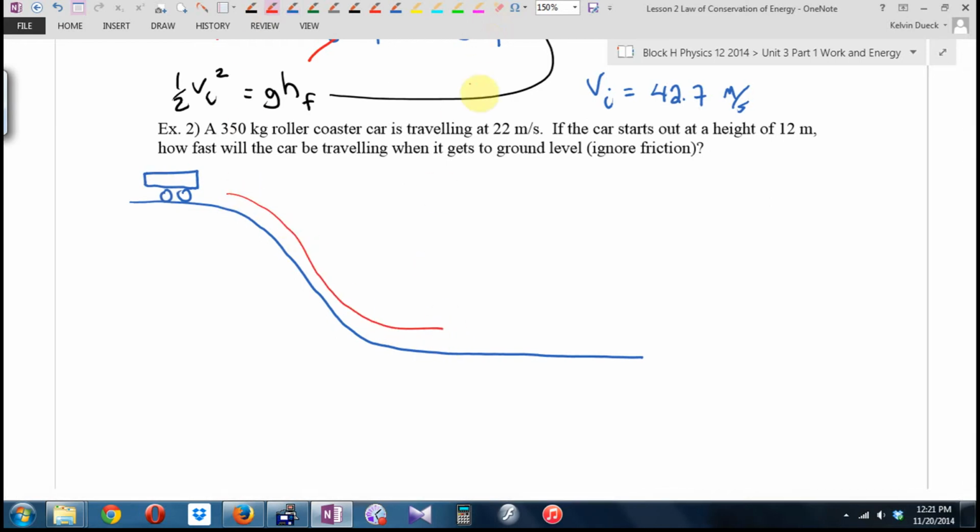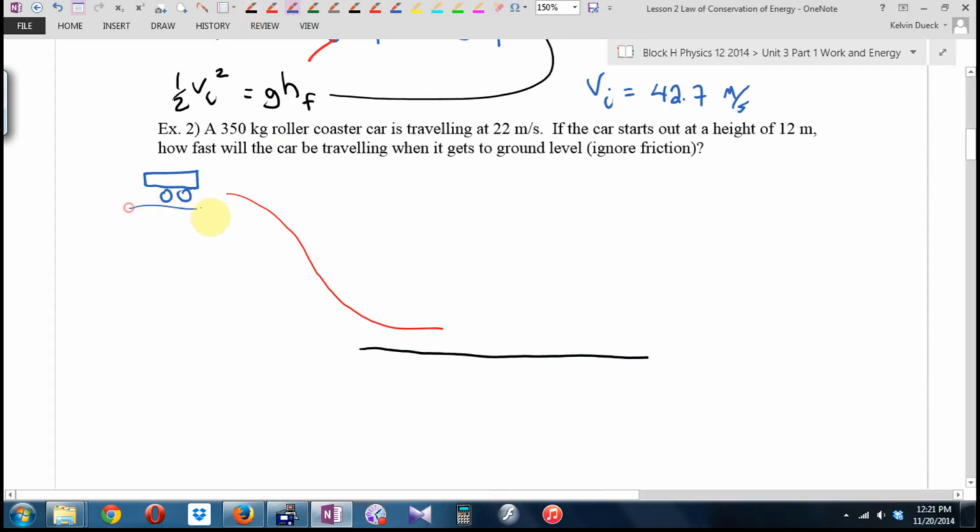By the way, for what it's worth, I would get the same answer if instead the curvy path went like that, like a staircase. Why? Because energy is a scalar.